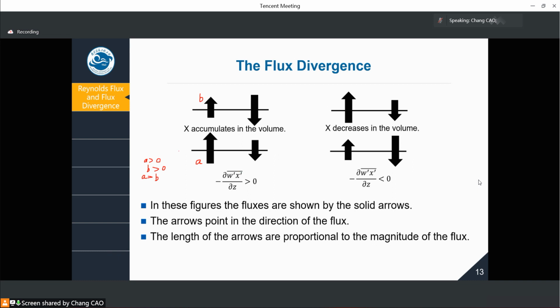As z goes up higher, along the height, the flux becomes smaller, right?